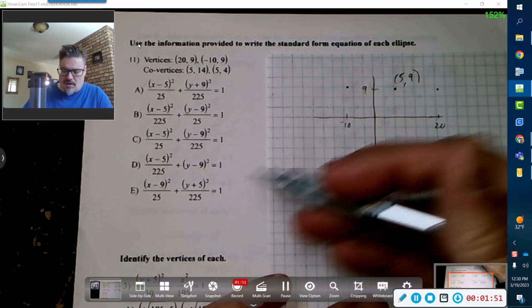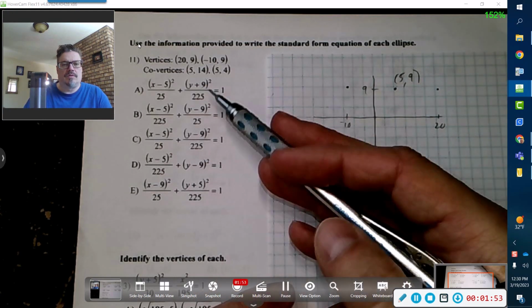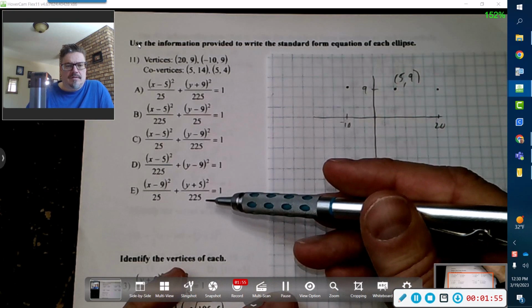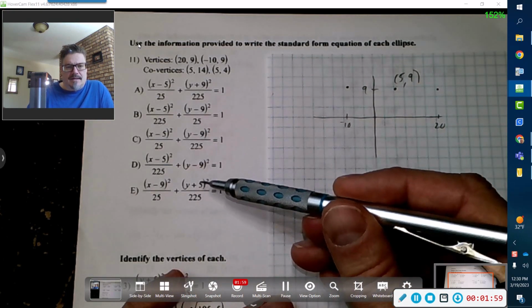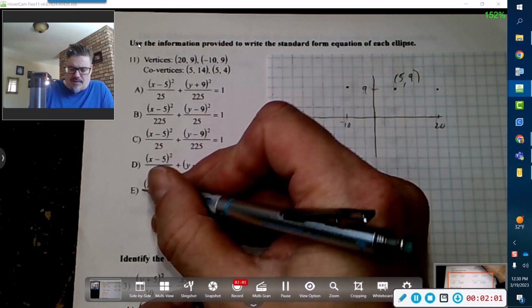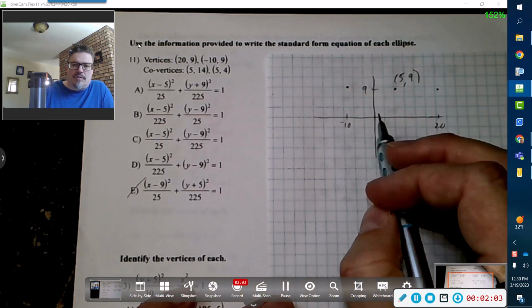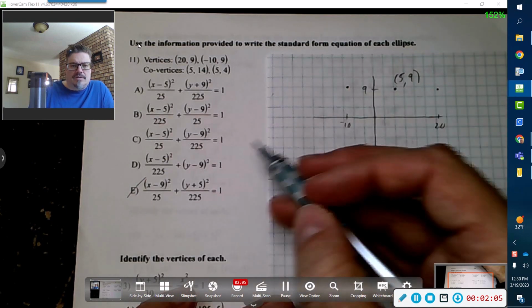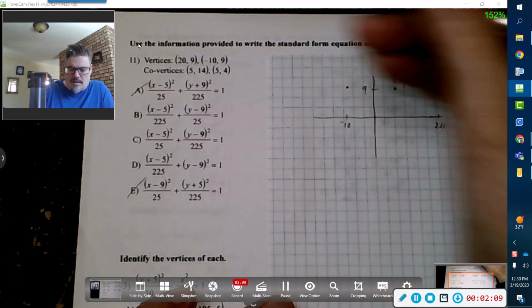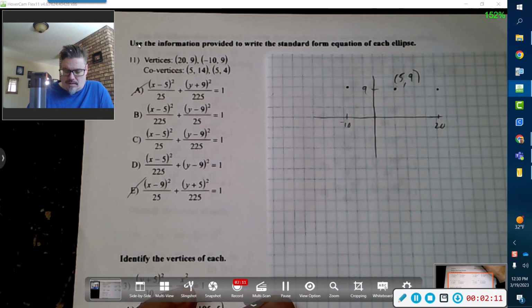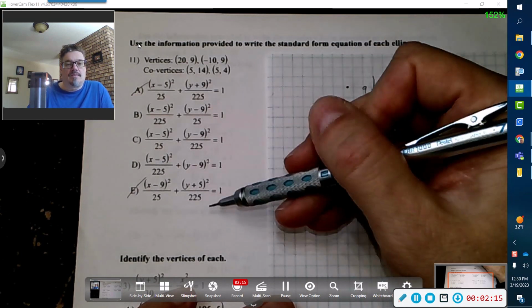So it looks like we're able to scratch out a couple of these. We can get rid of the ones that are plus because we know that we're shifting over to the right. So this guy and this guy. Okay, so we can get rid of those two. Now we're down to 3.